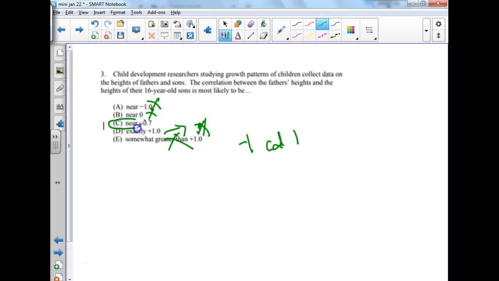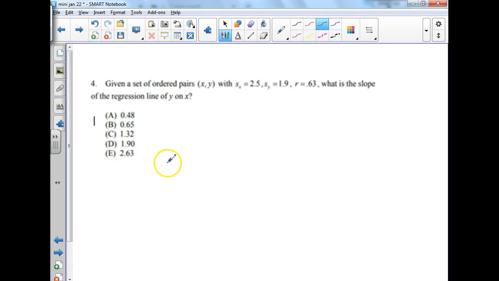Our only true feasible answer would be C. It is not perfect because, as you can look at some athletes, you can see that they are extremely tall, but their parents are a little bit shorter. So you have some outliers out there, but for the most part, there should be a positive correlation between the father's height and the son's height.